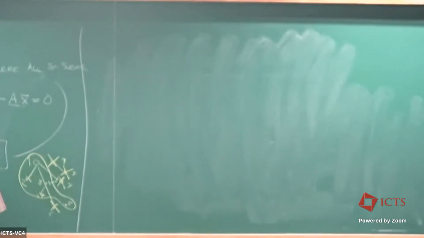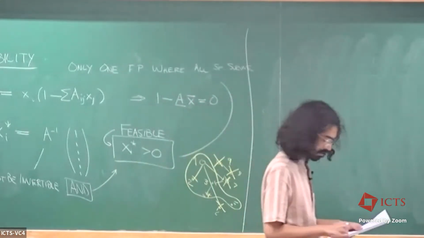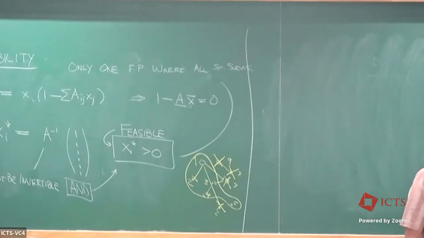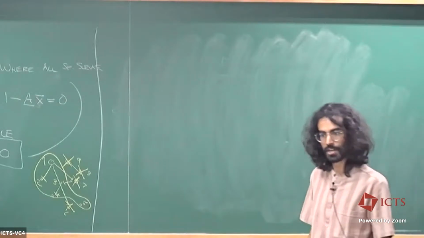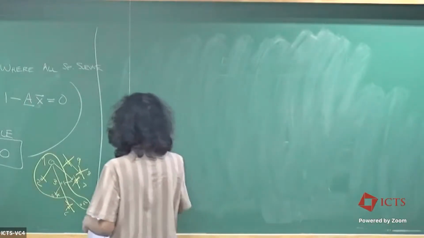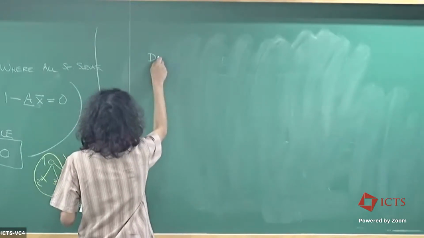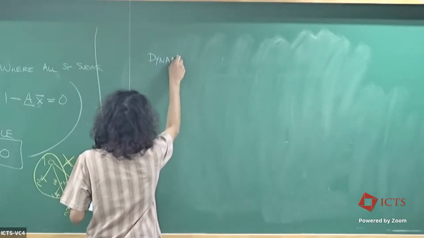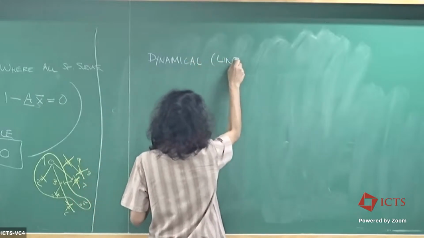And then you look at the dynamics of the perturbation, and you ask whether some Jacobian that you care about has eigenvalues which have negative real part or not, right? So what's the Jacobian in this case? We're talking about dynamical, in particular linear stability.